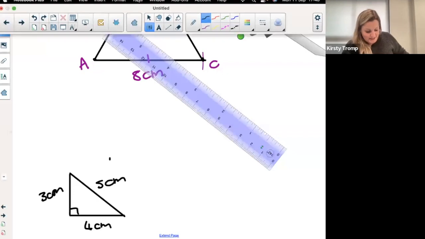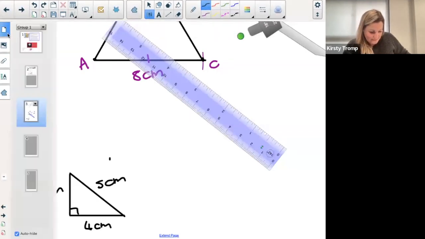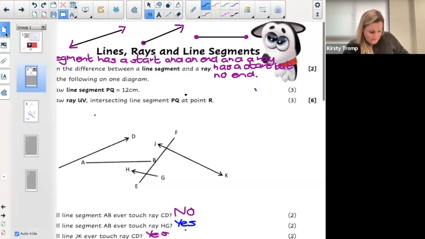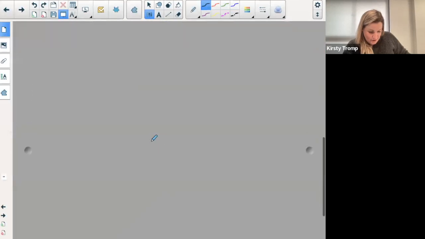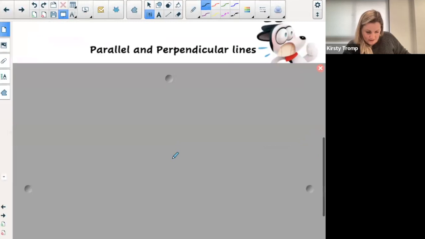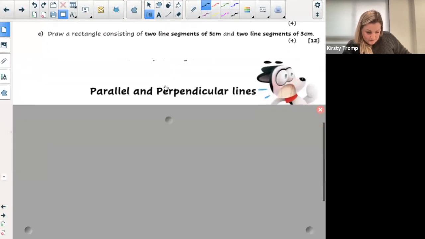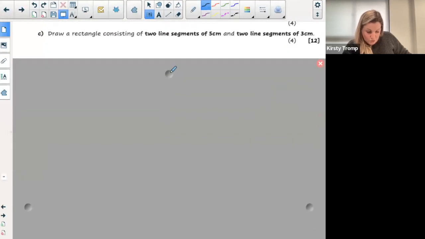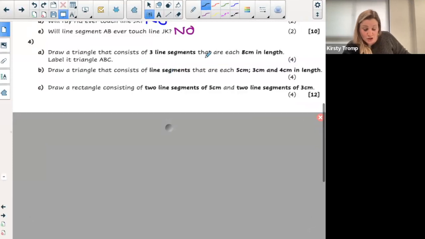All right, guys. So let's come back here. So let's have a look. The last one asks us to draw a rectangle consisting of 2 line segments of 5 centimeters and 2 line segments of 3 centimeters. So we need to draw a rectangle.